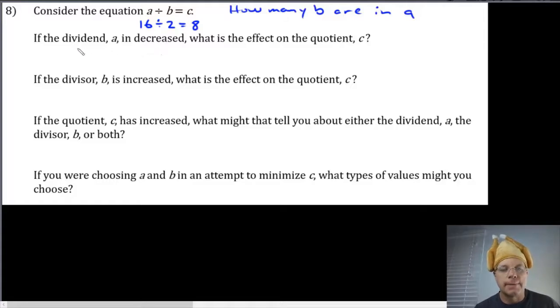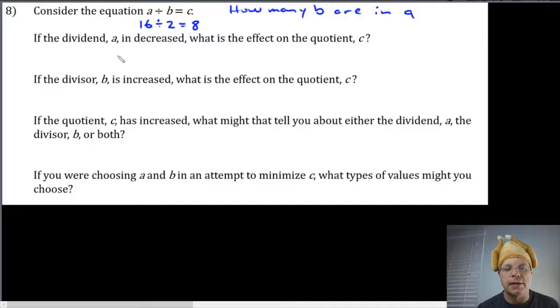If the dividend A is decreased, so if we're trying to think of how many B's are in A, if A is decreased, there's fewer B's in A, right? I can't fit as many B's in A if A is decreased. So that must mean that C is decreased. So I think the effect on the quotient is decreased, but let's actually try it with the numbers.